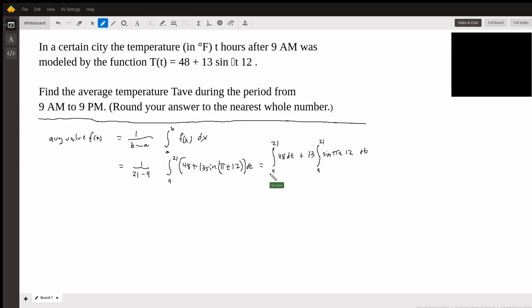So we'll take the antiderivative for each of these. So it's going to be 48t running from 9 to 21. Now here, in order to integrate this easily, I need to introduce a 12 pi here. So I'm going to make this 13 over 12 pi.